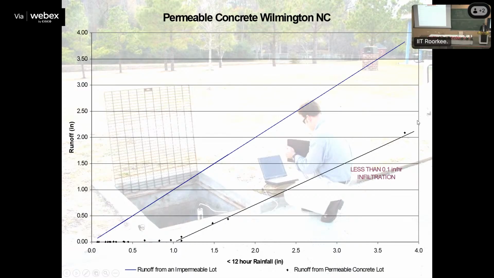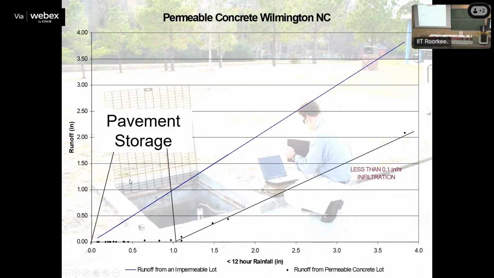These little black diamonds over here. Well, the slope of this line, that's your pavement storage, right? The slope of your line is your infiltration rate. So we stored all the runoff up to 25 millimeters. And then we looked at water that got released as runoff, and it actually was pretty neatly along that line.